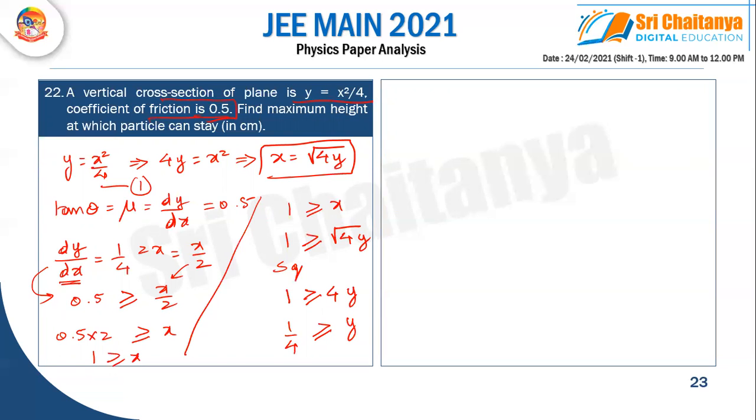Now this will be 1 by 4 in meters, and he is asking in centimeters, so I'll be getting this value as 0.25 meters or 25 centimeters, please, will be the answer. Move on to the next question.